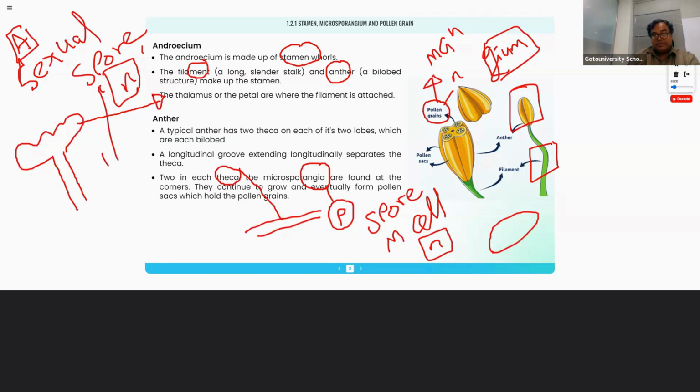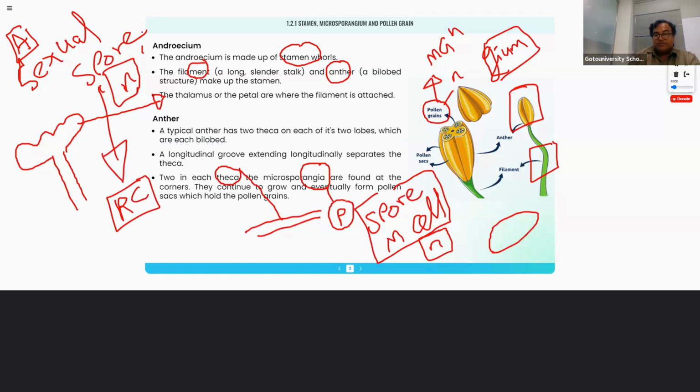These sexual spores make the sex cells or gametes or reproductive cells. Either you say reproductive cell or sex cell or gamete, it is formed by the sexual spore, which is formed by the spore mother cell. The spore mother cell is a part of the microsporangium. The microsporangium is a part of the anther, right?